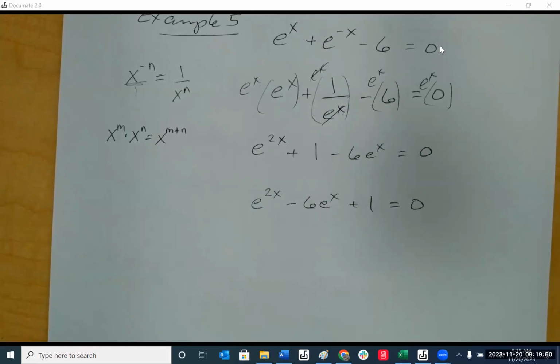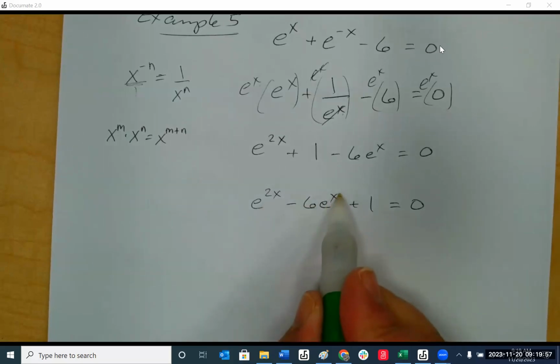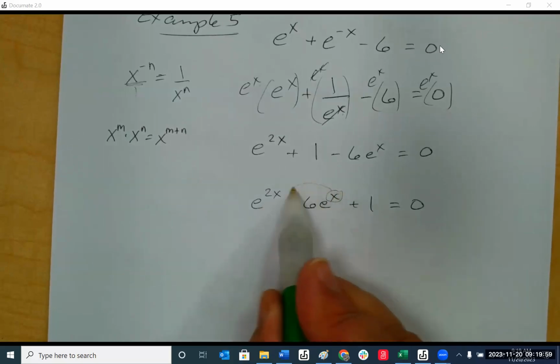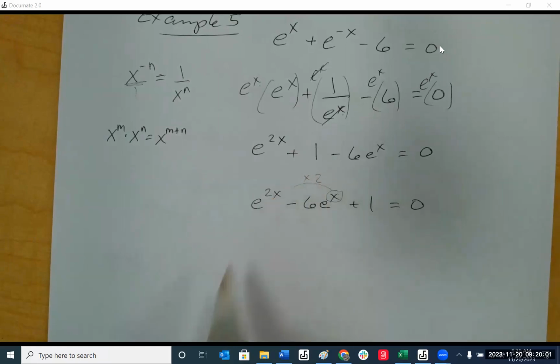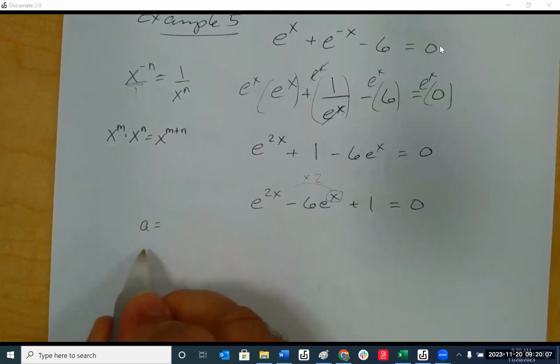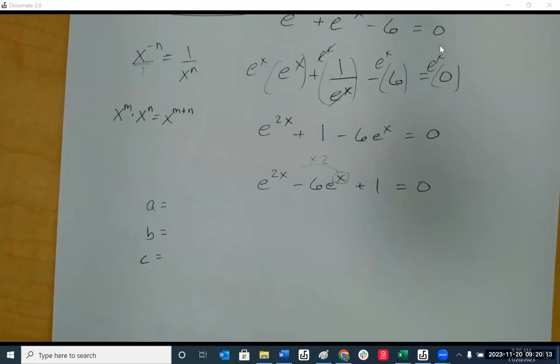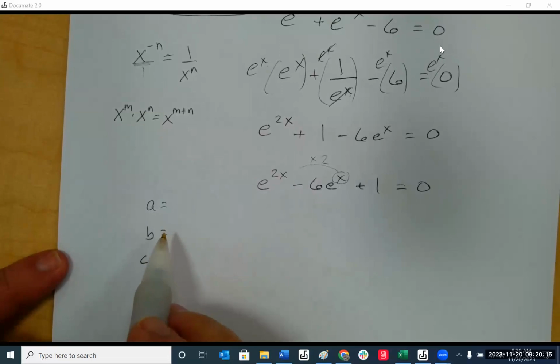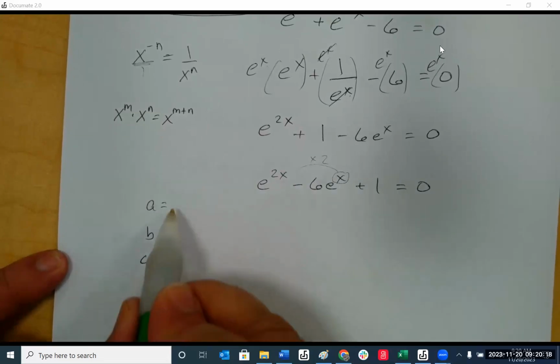So I now have a quadratic equation. Because remember, if you take the middle term and multiply it by 2, you get the first term. Yes, so it's quadratic in form. Label A, B, C. What's A? 1.